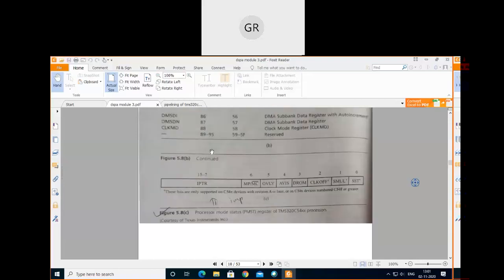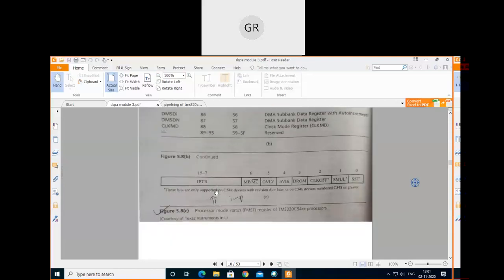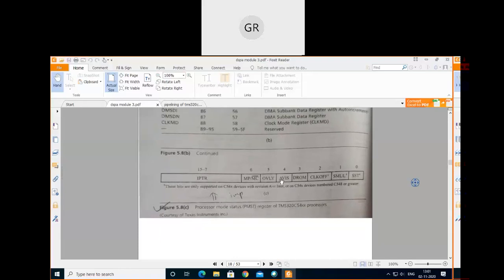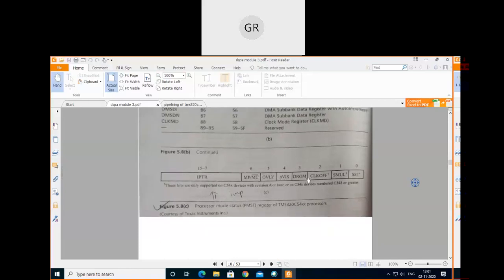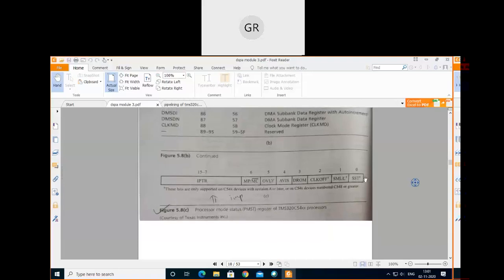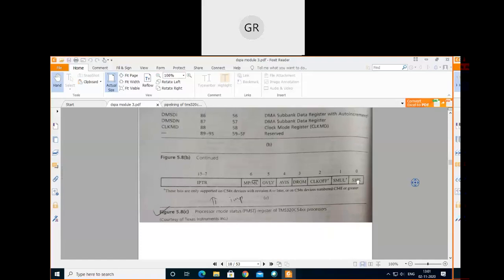It consists of RPTR, MP/MC bar, OVLY, APIS, DROM, CLKOFF, SMUL, SST.